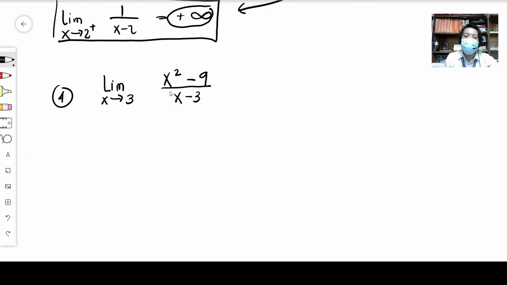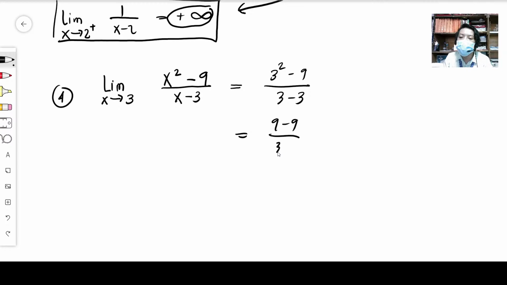So we have here another example. Like earlier, you can solve for the limit by directly substituting. Let us try direct substitution. The value of x is 3, so this will be equal to 3 squared minus 9 over 3 minus 3, which is 9 minus 9 over 3 minus 3.